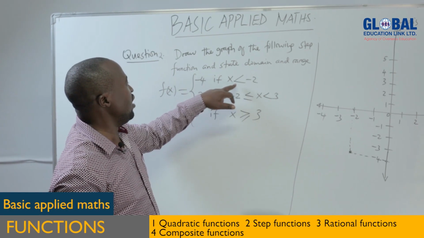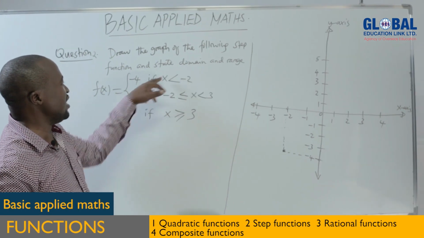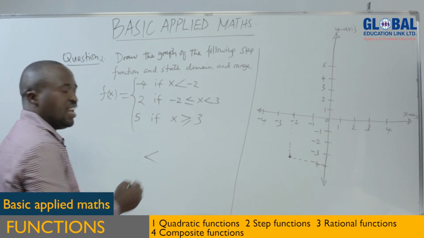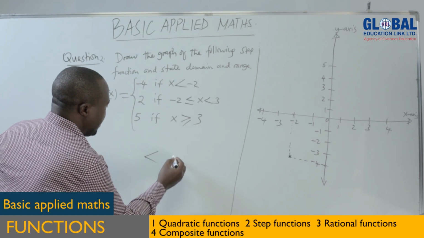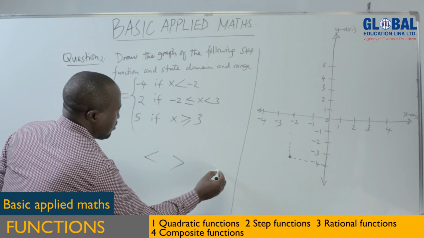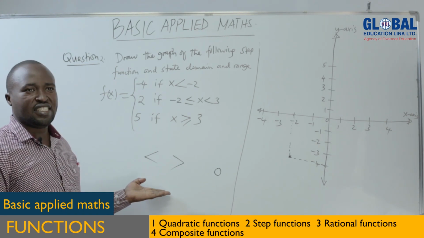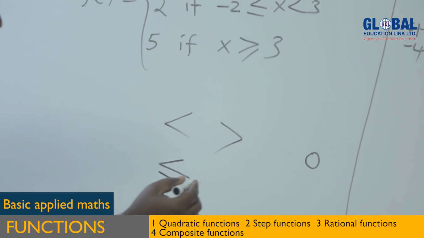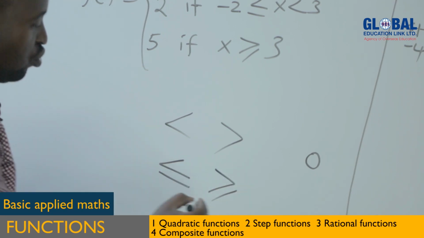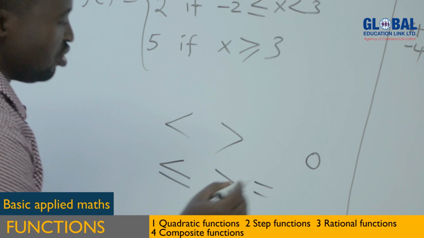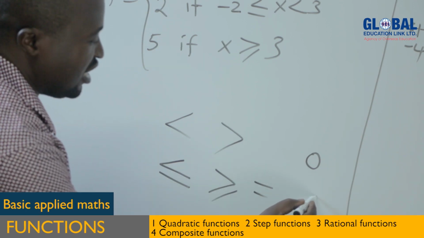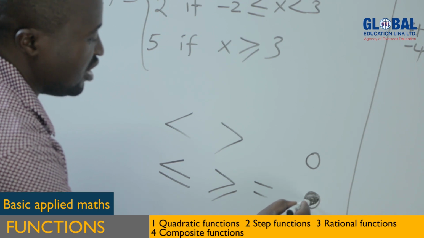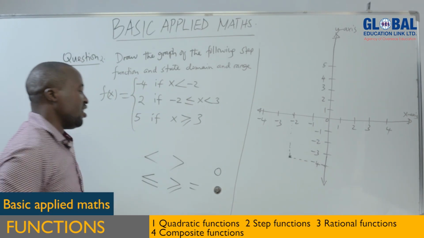Here we have this inequality symbol, that is less than. Remember, my dear student, for inequalities less than and greater than, we use a small unshaded circle. But for inequalities less than or equal to, greater than or equal to, and even the equal sign, we use a shaded small circle.